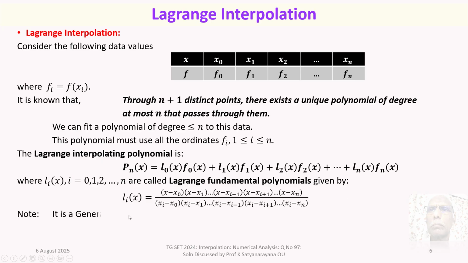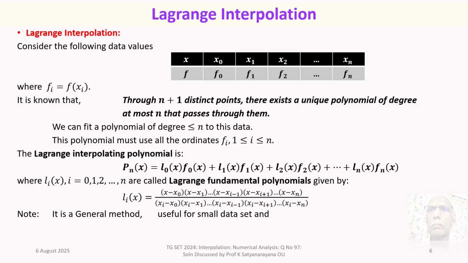Note that it is a general method you can use in any situation, but it is useful for a small data set. Why? If a large data set is given, then computing these Lagrange fundamental polynomials will be tedious.